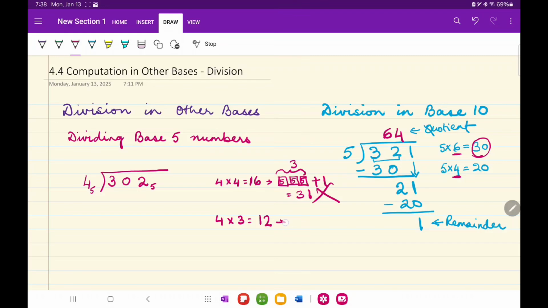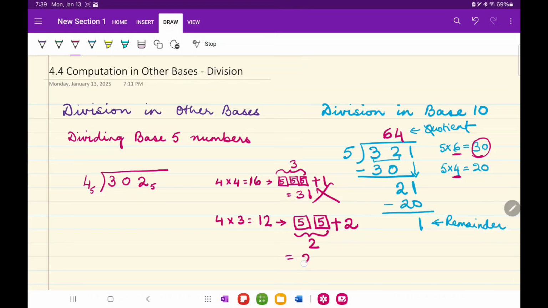So we have to see how many bundles of 5 we can create out of 12. So we have to represent the 12 in base 5. So we have 2 bundles of 5, right? So that makes it 2, and then plus the remainder 2 makes it 22.